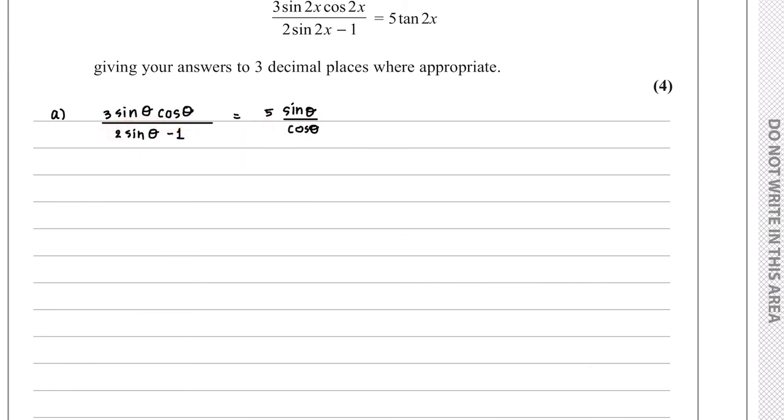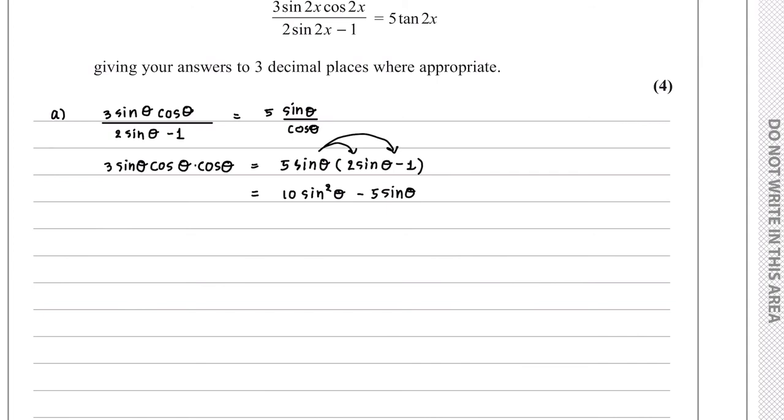So this one will be 3 sine theta cos theta times cos theta here, 5 sine theta, 2 sine theta minus 1. And we expand this term into each term inside the brackets. So the answer will be 10 sine squared theta minus 5 sine theta. And for the left-hand side, we have 3 sine theta cos squared theta.